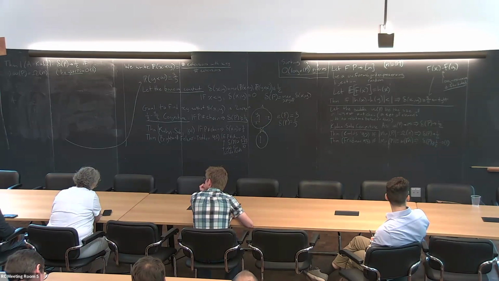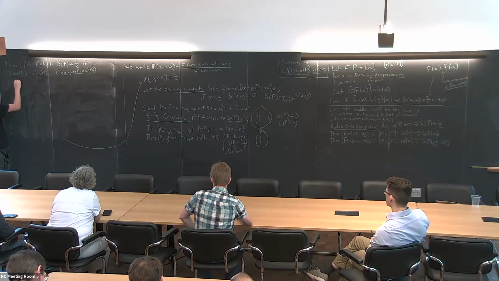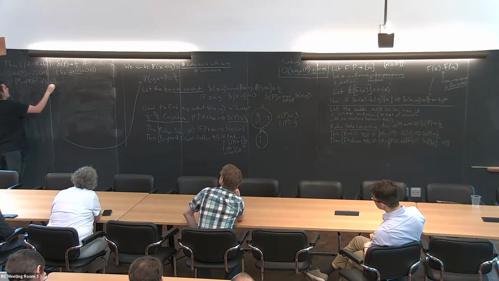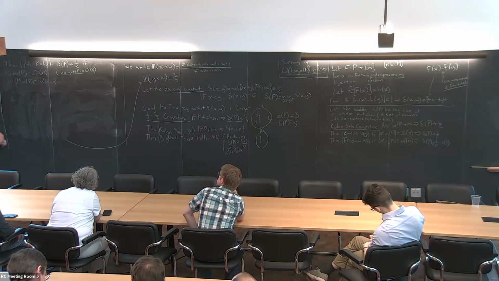Okay, so what other conditions do we have? If the width is linear, we are good. But also if the number of minimal elements is growing faster than log of n, that implies 1/2.